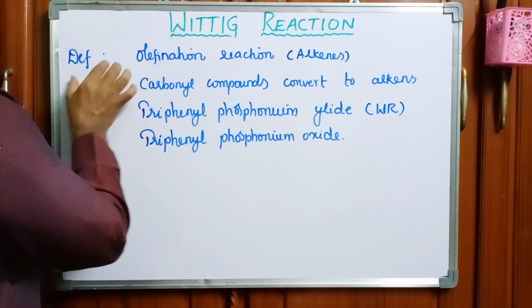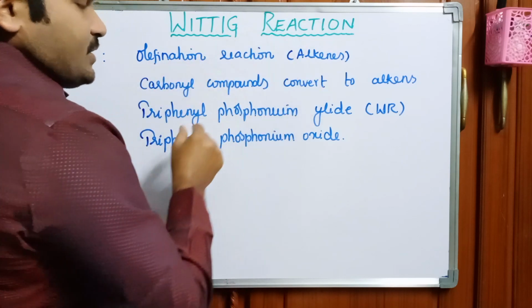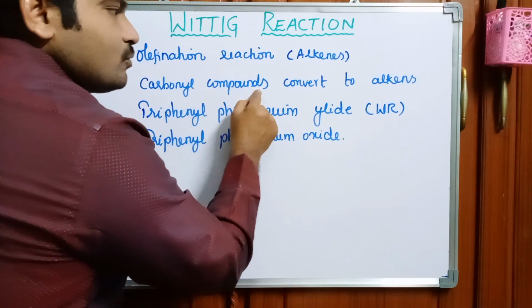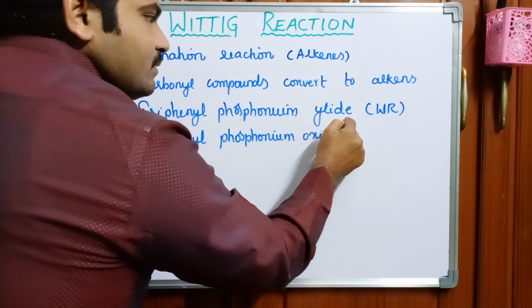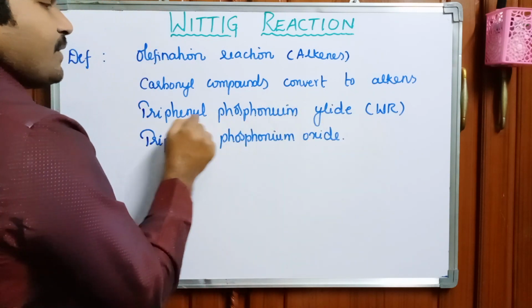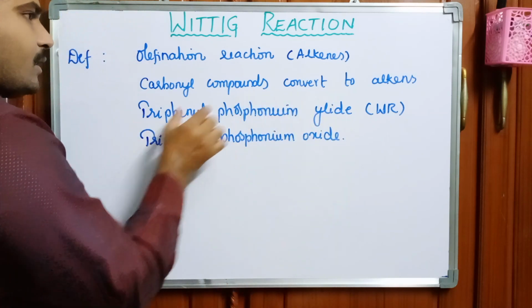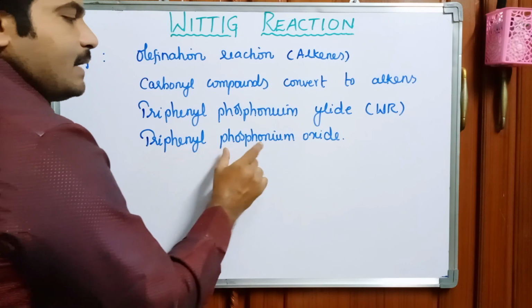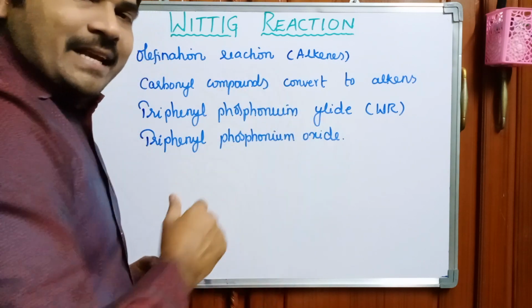Okay, so what is a Wittig reaction? It is one type of olefination reaction in which carbonyl compounds like aldehydes or ketones convert to alkenes in the presence of Wittig reagent called triphenyl phosphonium ylide. Along with alkenes, it also produces triphenyl phosphine oxide.